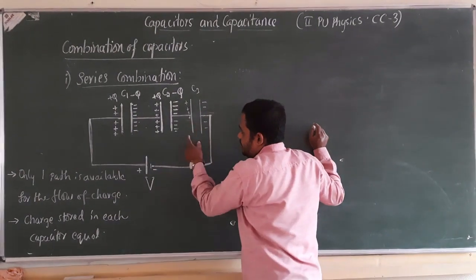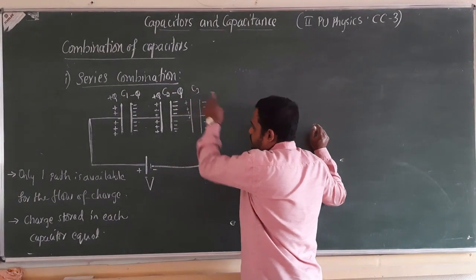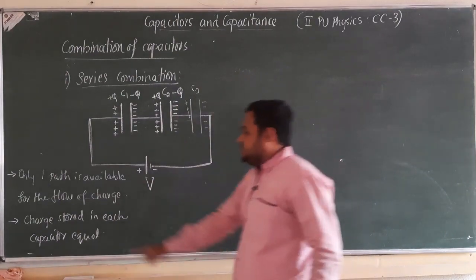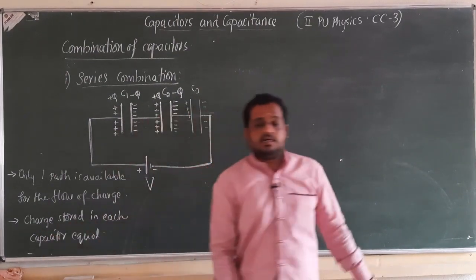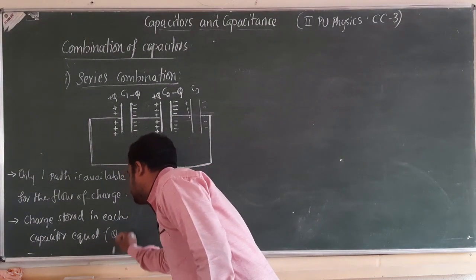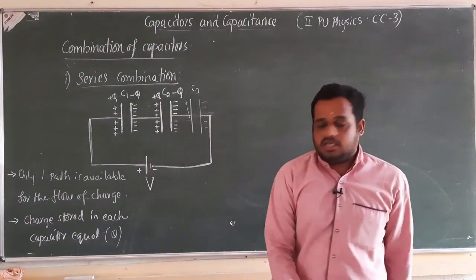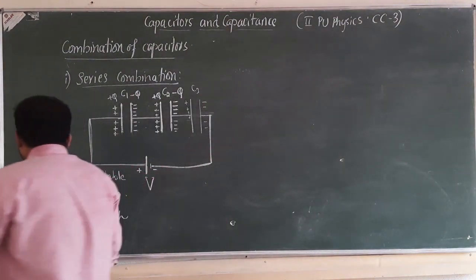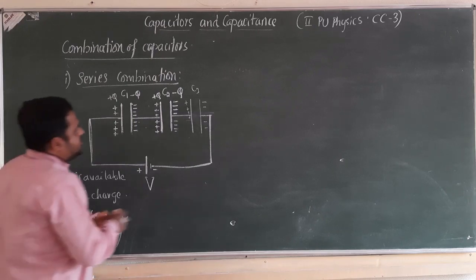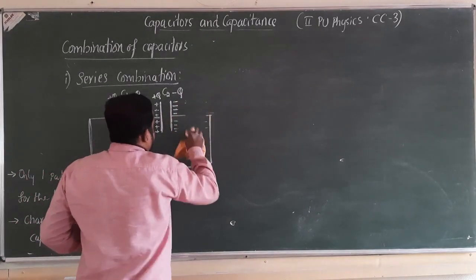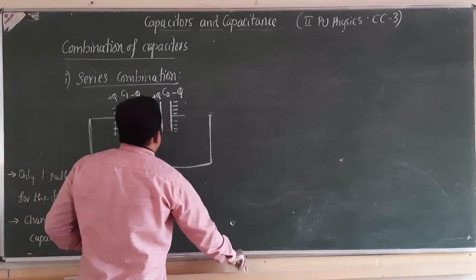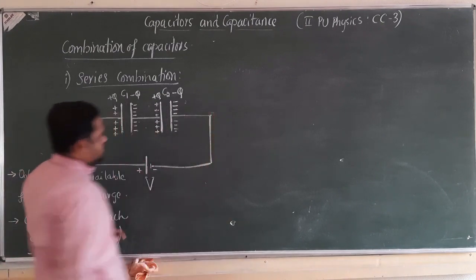Again, if you consider the magnitude, plus q minus q. If we use 4 capacitors, again plus q minus q. That means in case of each capacitor, the amount of charge stored will be equal. Amount of charge stored will be equal in series combination. I think it is clear. So remember these 2 points, very, very important. Let us restrict our discussion to a combination of 2 capacitors.